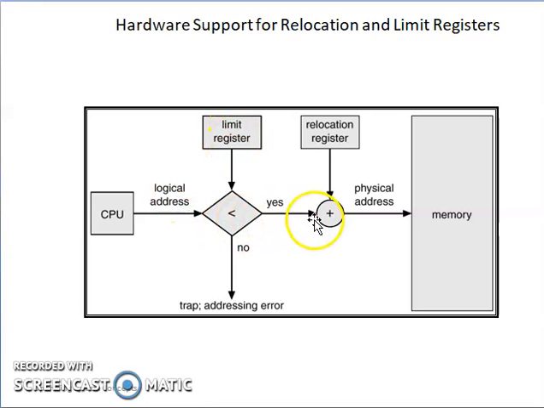If this is yes, that means that the base register or the relocation register's contents can be added to the logical address to generate the actual physical address in the memory. And this is how the logical addresses which are attached to the instructions are converted into a physical address. I will be taking up another video discussing the logical and the physical addresses in detail.